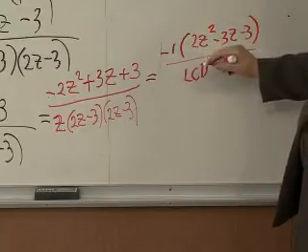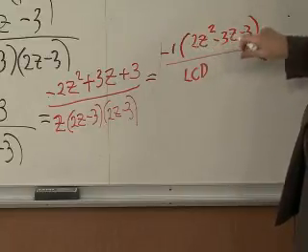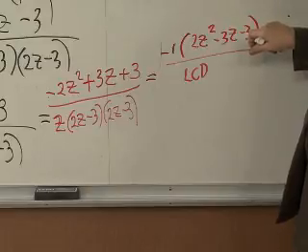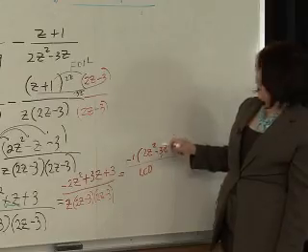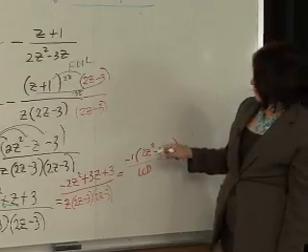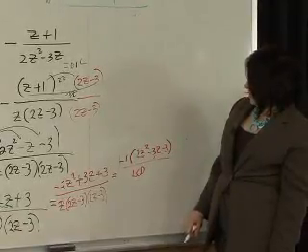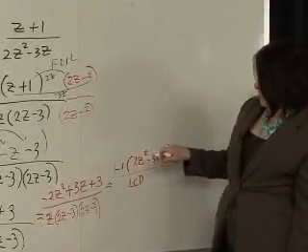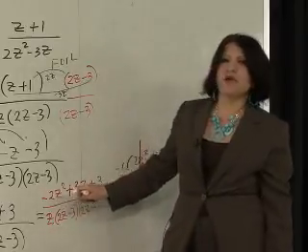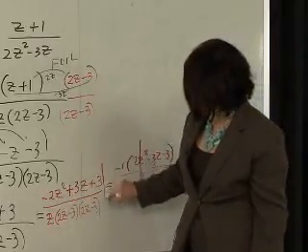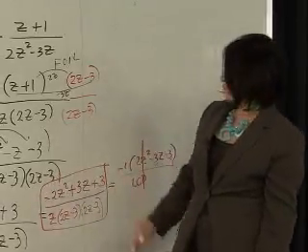Well, I don't think it factors because remember the rules. If you multiply 2 times negative 3, which is negative 6, do we have factors of negative 6 that add up to negative 3? They don't. So the basic rules of factoring trinomials are not going to work. So I know I'm not going to be able to factor this, so I'm not going to be able to reduce it. So you need to try to factor it. And if you can't, you just say, well, this is your answer. So that's your simplified answer.